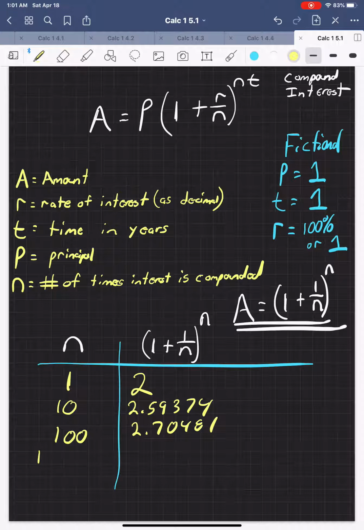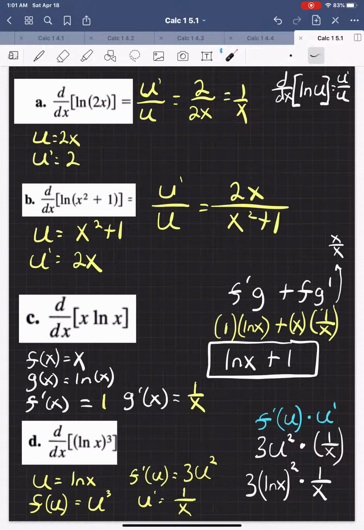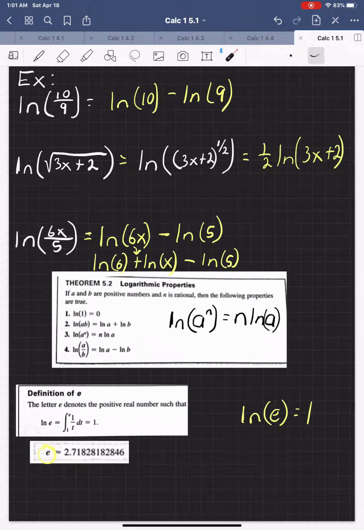I'm not even going to play this game anymore. I don't have my calculator in front of me. What is this number starting to look like? 2.70481. I think we've seen something like that. 2.71828. Interesting.